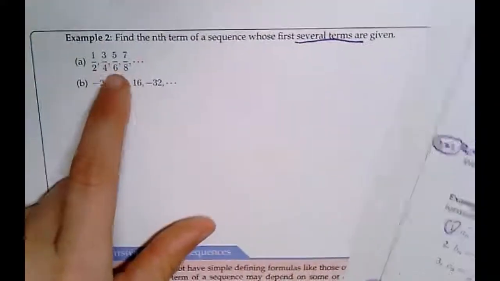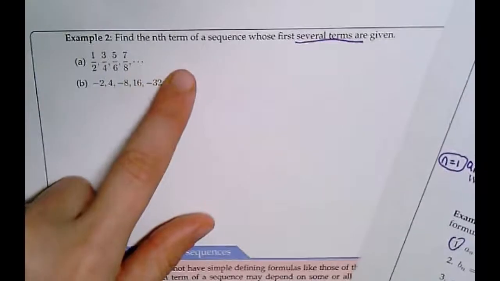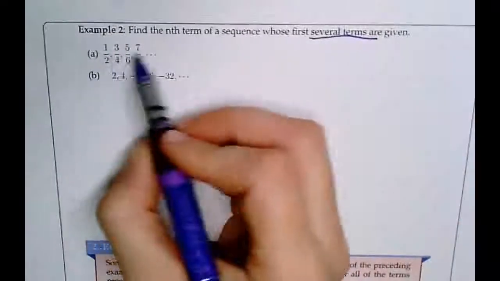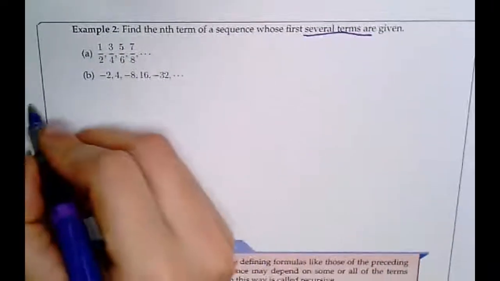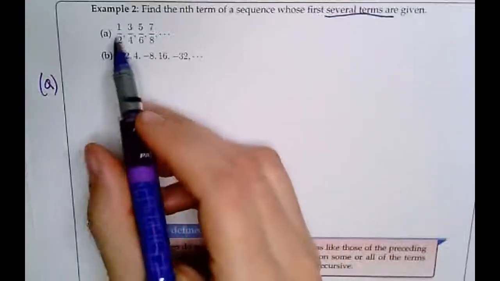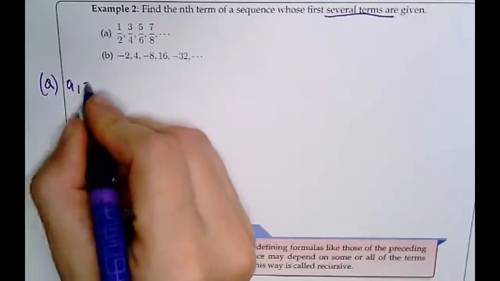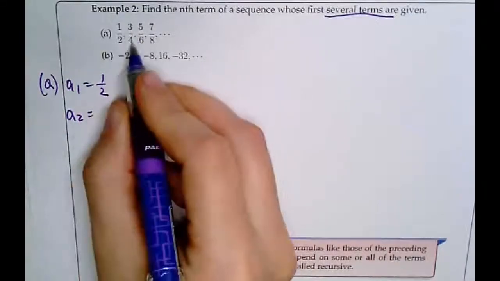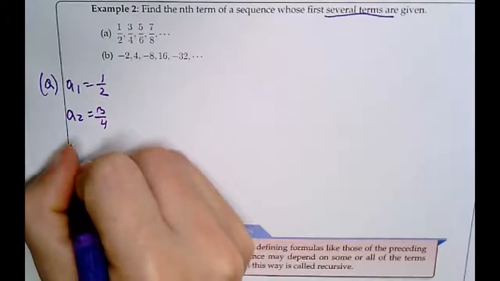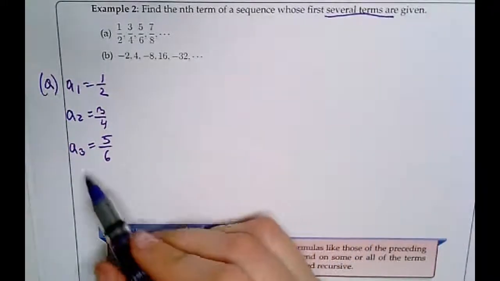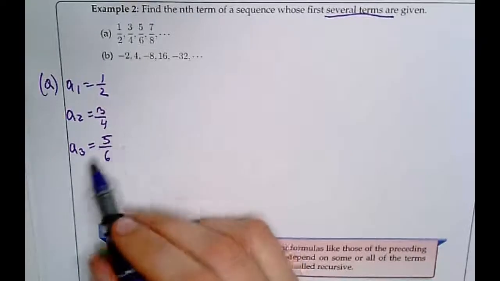Now we're given the first few terms, and we're asked to find the general formula. So for the first sequence, a1 is 1/2, a2 is 3/4, a3 is 5/6. So we have to see a pattern.